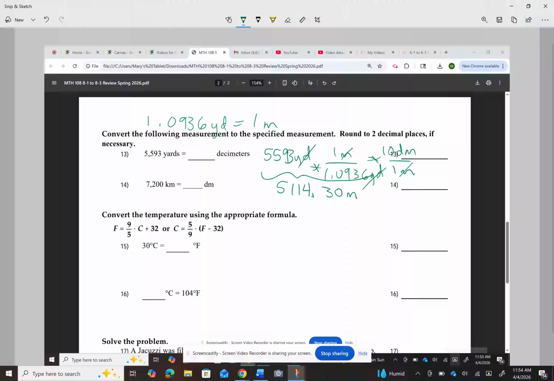So you could then say I need to go one place to the right to get 51,143 decimeters, right? Or you could think about 10 decimeters in 1 meter, and that would tell you after you divide to get the first one, you're going to multiply by 10. Okay? All right, now we got to do from kilometers to decimeters.